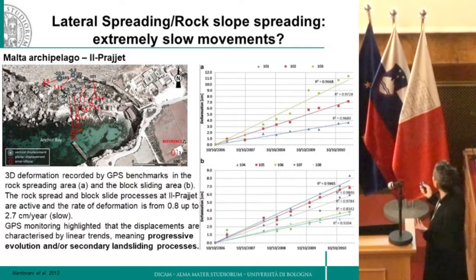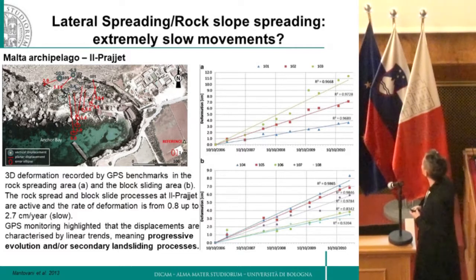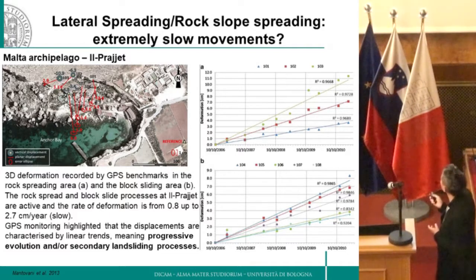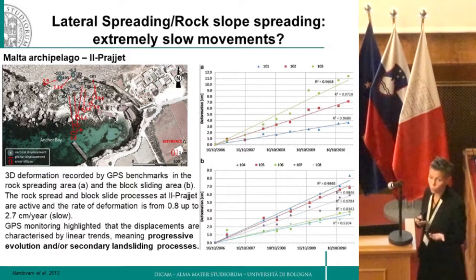Like in this case, by GPS, again the colleagues from Padova and Trieste and Modena were able to measure movements in this area, again on the northwestern coast of Malta, which is affected by lateral spreading and block spreading. And again, the trend of movement is slow, but not so slow.